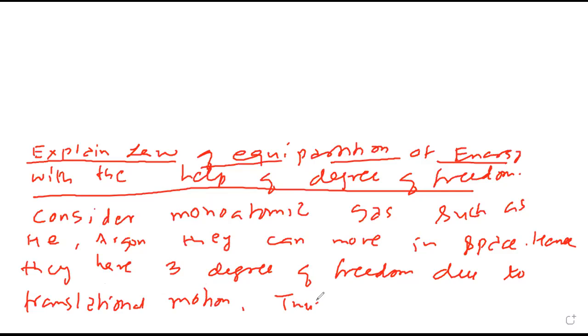Thus, average kinetic energy will be 3 by 2 kBT because each axis has half kBT. So it has got total energy 3 by 2 kBT due to translational motion. Copy this much.